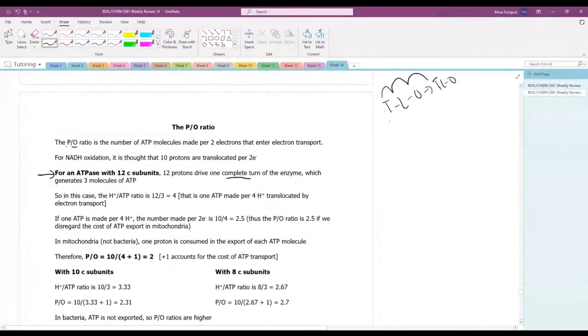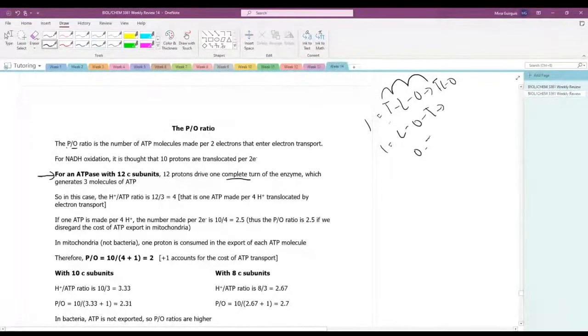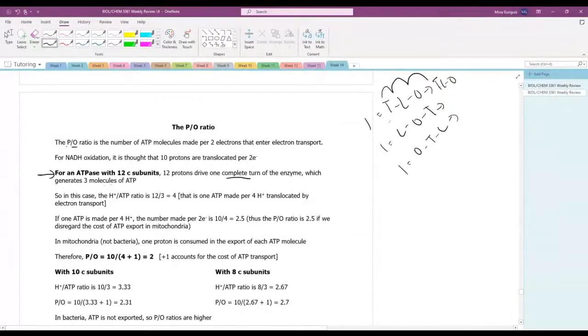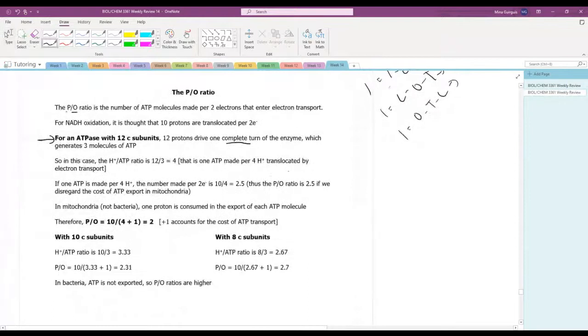But the other 2 subunits have done the same. And so each subunit makes 1 ATP and then goes back to its original state. The loose, open, tense has made 1 ATP, and then the open, tense, loose has also made 1 ATP. Therefore, per 1 complete turn of ATP synthase, we generate 3 molecules of ATP.